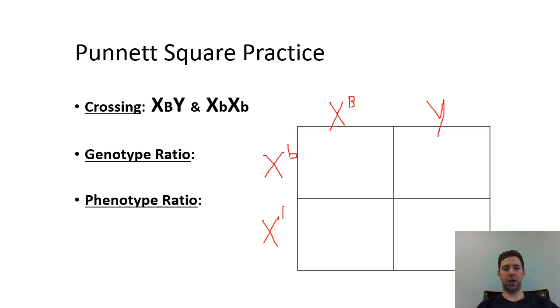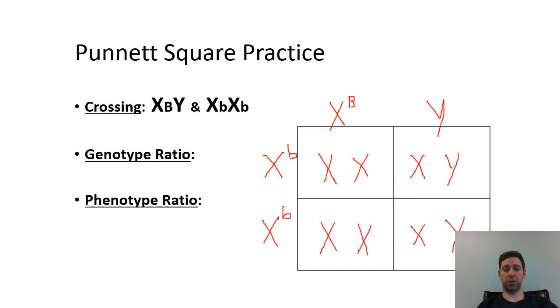Okay, so we're crossing a normal vision male with a colorblind female. Obviously, there's a 50% chance that they have a male and a 50% chance that they have a female. So sometimes I just like to go through and fill out this first part before I even look at the trait, just to remind myself that there's really 2 outcomes, male or female.